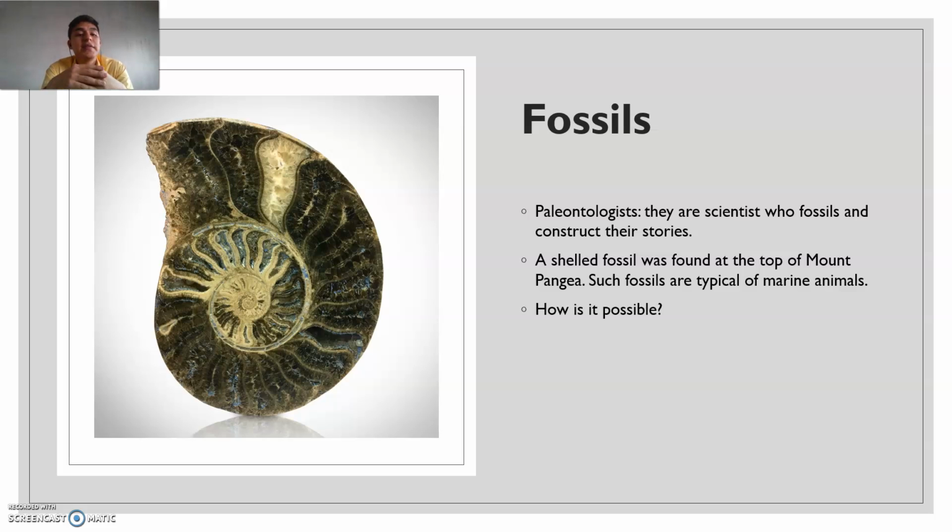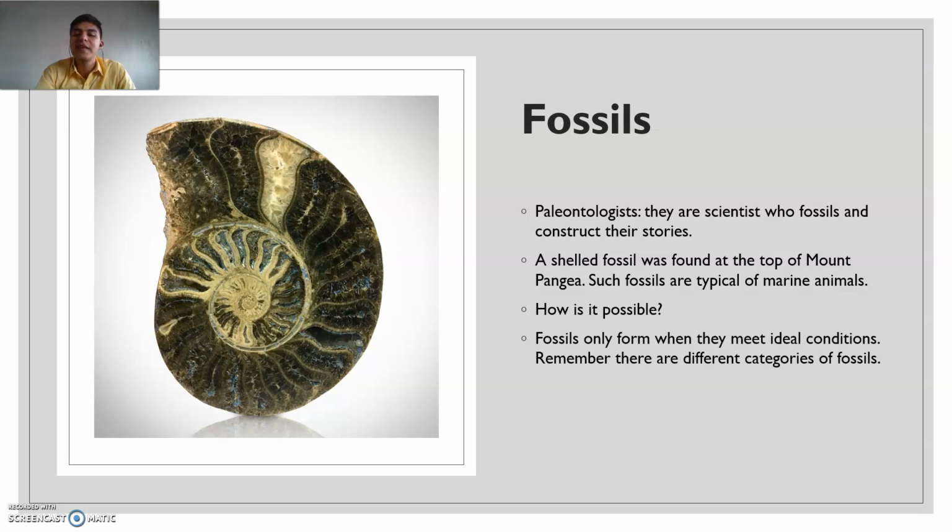Over millions of years, the ground started elevating and then it formed the mountain. And that's exactly why a fossil that is part of marine ecosystems was found at the top of a mountain, where there is nearly not enough water to actually conserve this kind of animal.